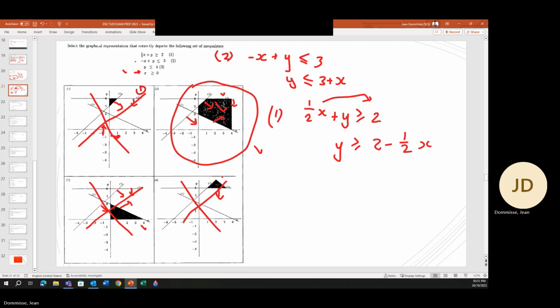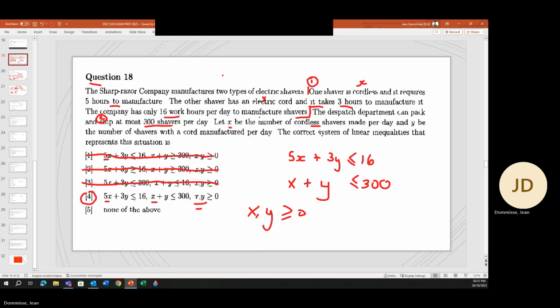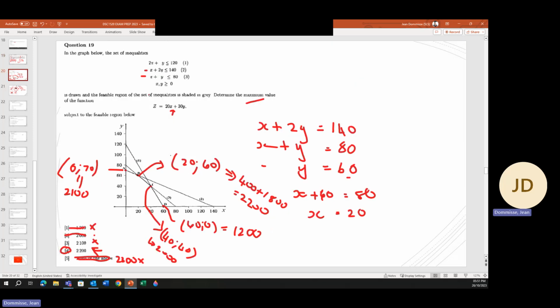Yeah, so basically we looked at giving you the information so that you can write the inequalities, giving you the inequalities so that you can work out with one of the 4 points what the maximum value is going to be. They can also ask you the minimum.